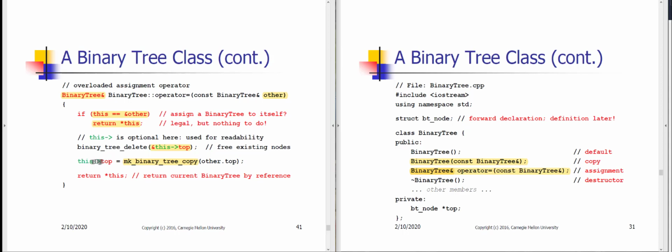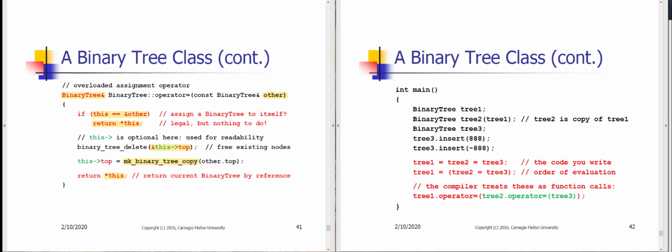Again, in this context, the this arrow is optional and we could leave it out. All right, so following that third step, which is copying the data, our final step is to return star this, that is, return a reference to the current object, and we're done.